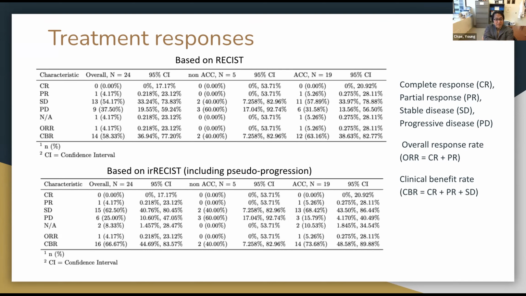This is okay, but what I'm thinking is, you have overall, non-ACC, ACC. I'm thinking it might make more sense to do ACC then non-ACC, and don't do the overall, because we're not reporting PFS and OS overall.